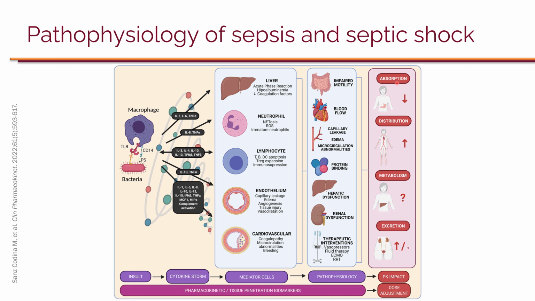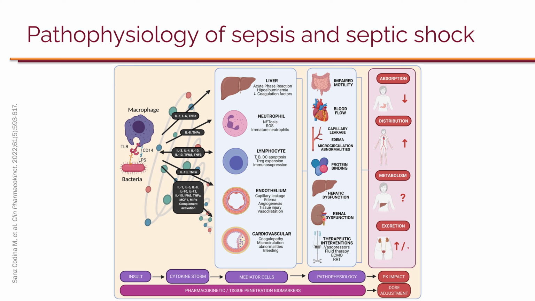So if you're thinking of oral medications, for example, they may not be appropriate because they may not be absorbed immediately in these patients. There are changes in blood flow. There is capillary leakage. There are changes in protein binding. And because of that, distribution of drugs, so volume of distribution, will be different in these patients. So all of that affects dosing of certain medications if they are affected by this.